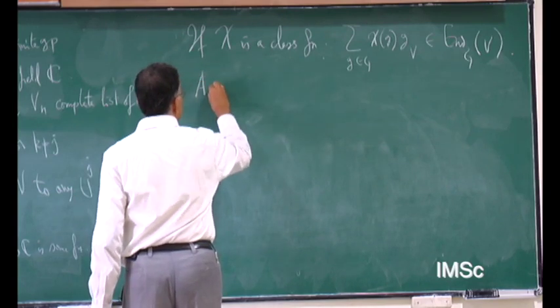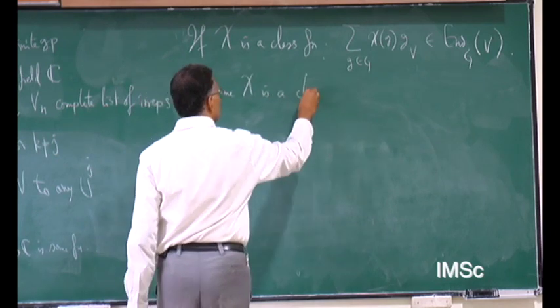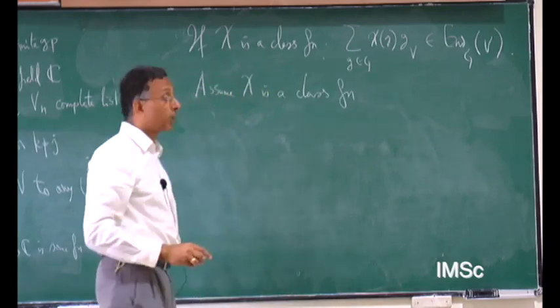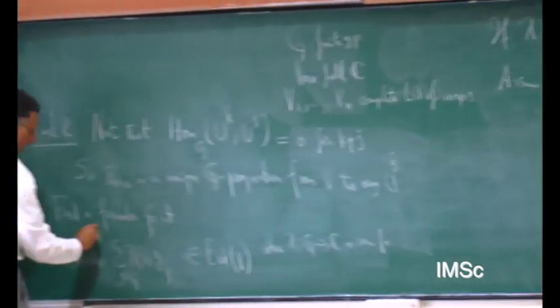Assume chi is a class function. So this is an element of End_G(V), right? So let's give this a name. I want to call this chi tilde.